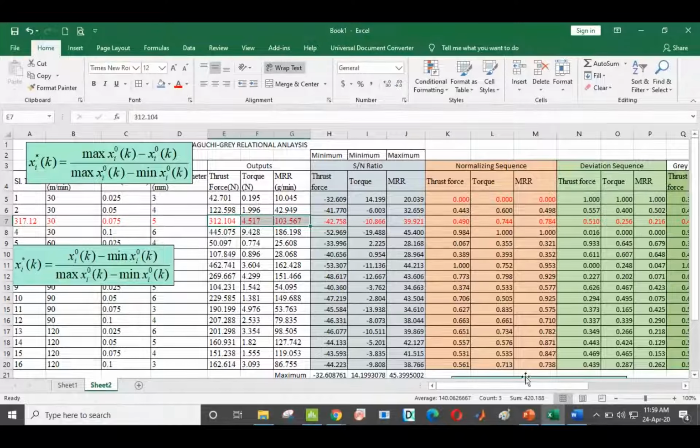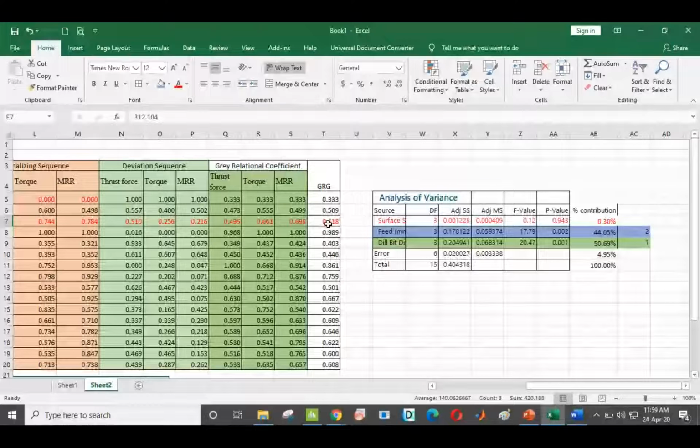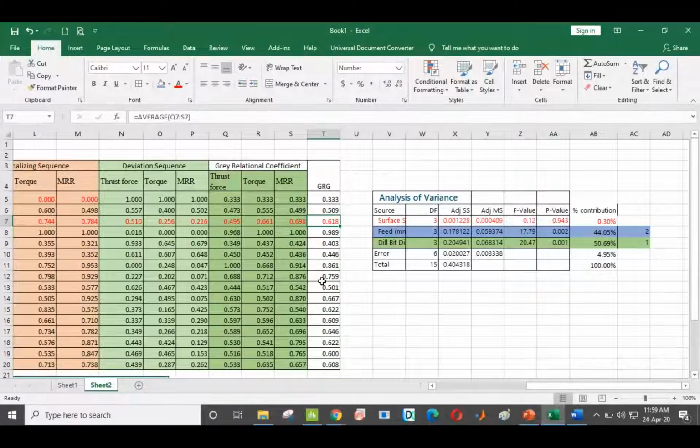So I will have a grey relational grade value, and then compare it with the predicted value. Precisely these two values, the predicted and the experimental GRG values, will be close to each other, because we have gone for the advantages of both Taguchi's approach and grey relational analysis.